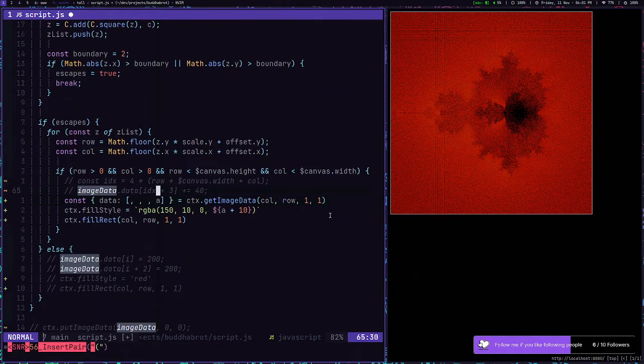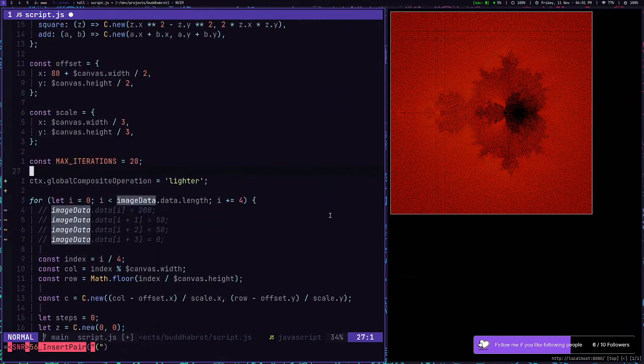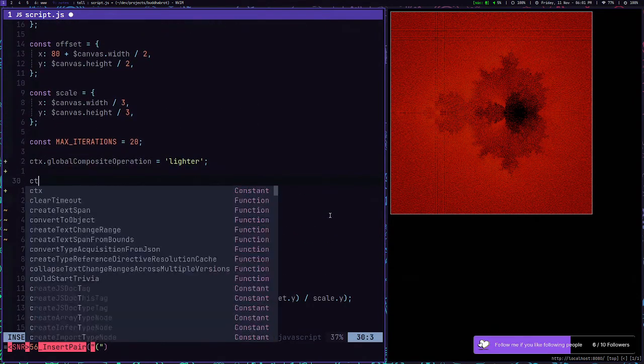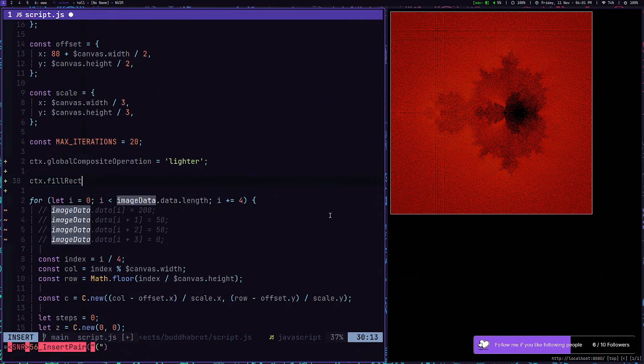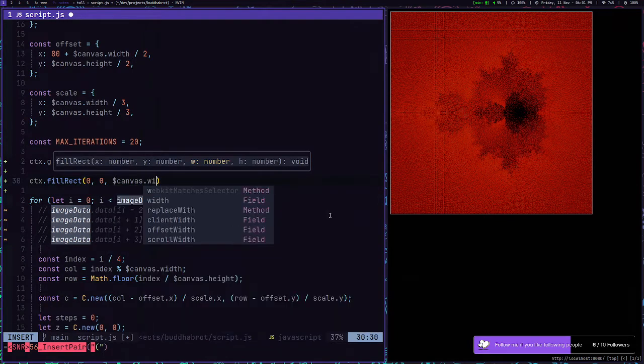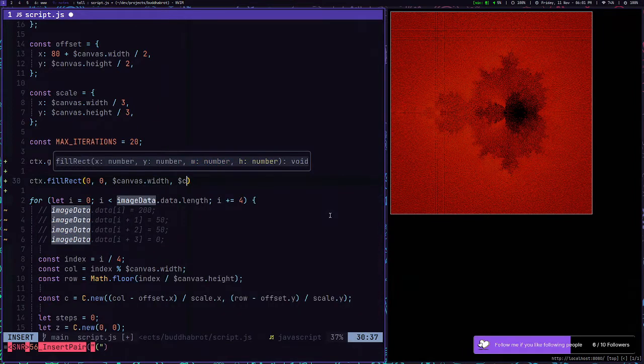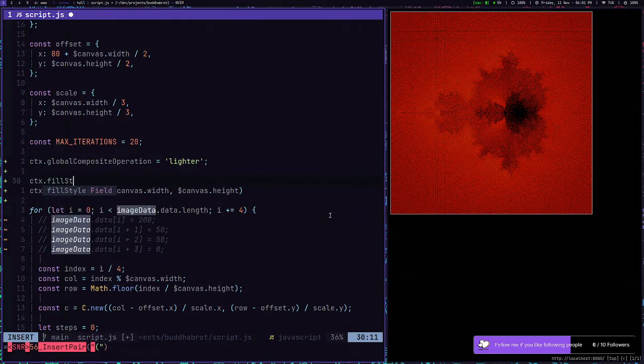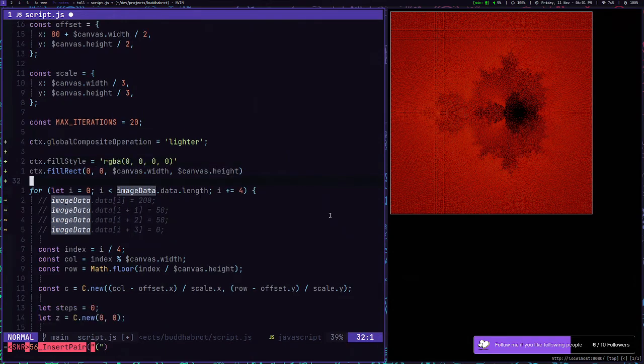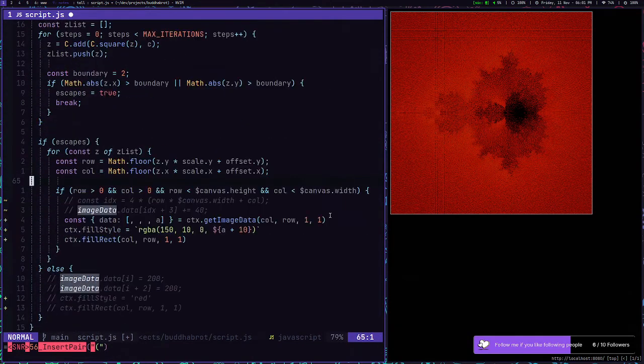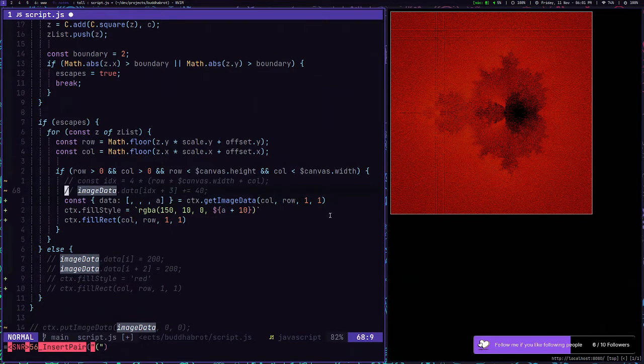Actually, we can do that by just calling fillRect here, 0, 0, canvas.width, canvas.height, and we set the fill style to something transparent. I don't know if that's the default behavior, but I just want to make sure. We get the alpha here, we fill the rectangle.